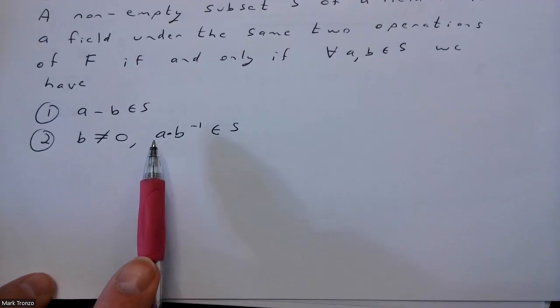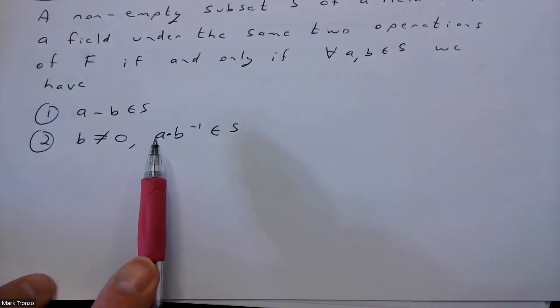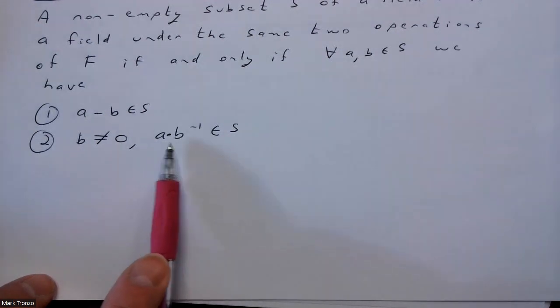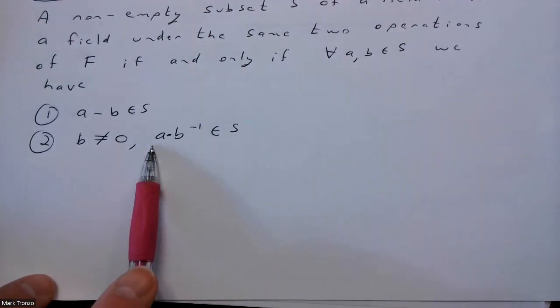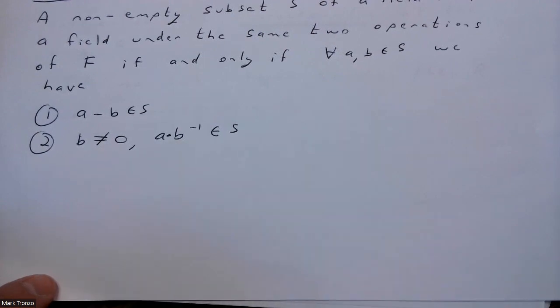Then the other property we need for a subfield is we had to take any two elements a, b, that the inverse, like say a b inverse, is in the set.